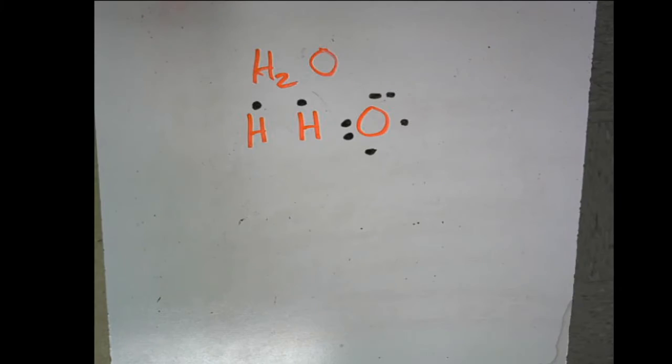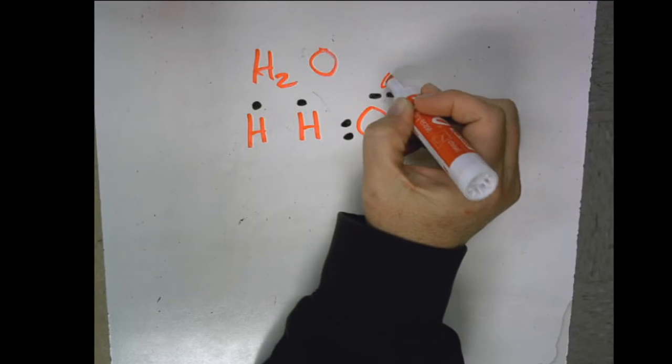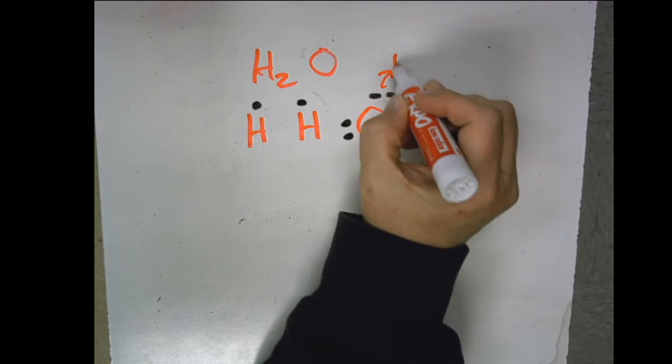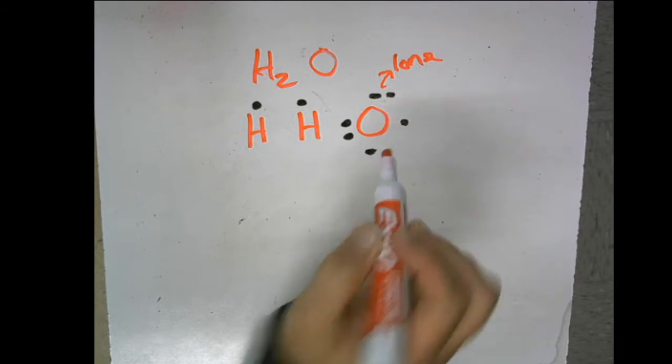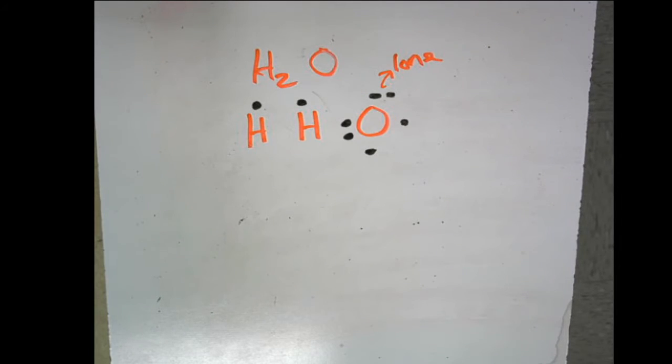So if you can see, that oxygen actually has 2 lone pairs here, so they already have partners, but it also has 2 lonely little electrons. So I'm actually going to rearrange this. If you remember, the highest electronegativity goes in the middle.